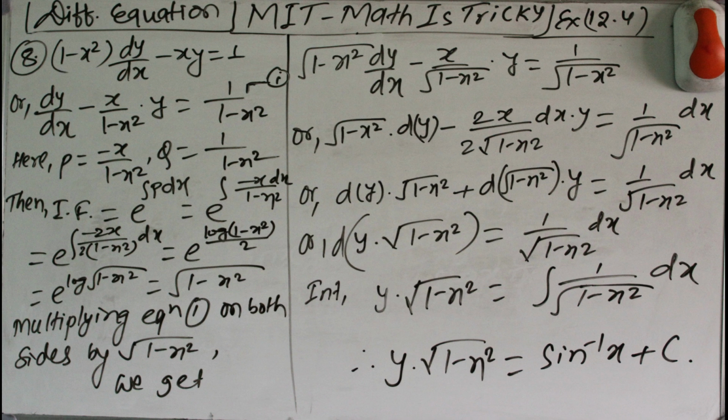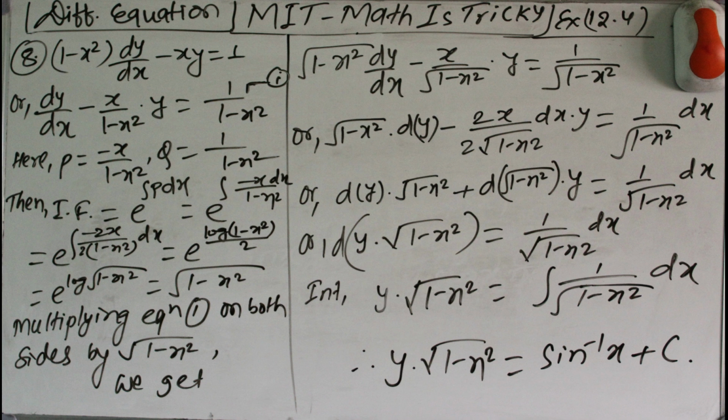Let's find the integrating factor. The integrating factor is given by e power integration p dx, which is simply e power integration of minus x by 1 minus x squared dx, which gives minus 2x by 2 into 1 minus x squared, multiplying up and down by 2.